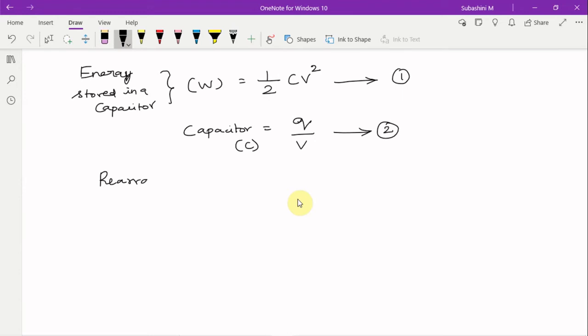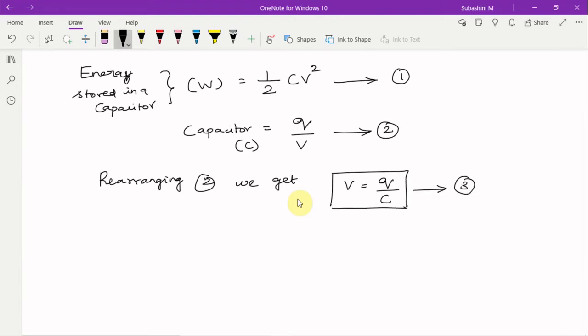So, rearranging the second equation, we get V is equal to Q by C. Let this be the third equation. So now, rewriting the first equation, W is equal to 1 by 2.